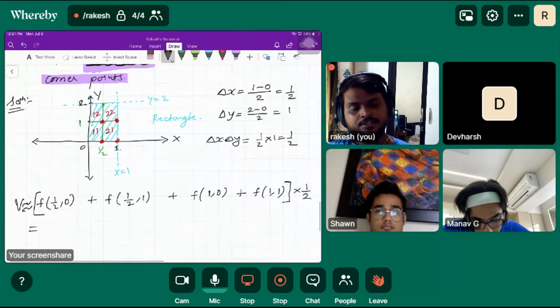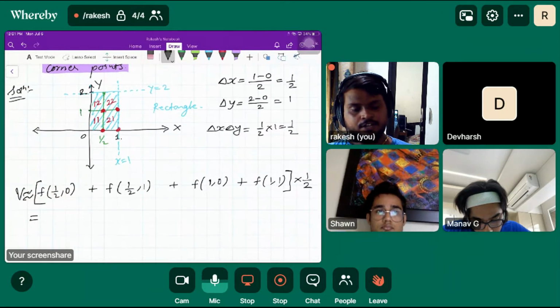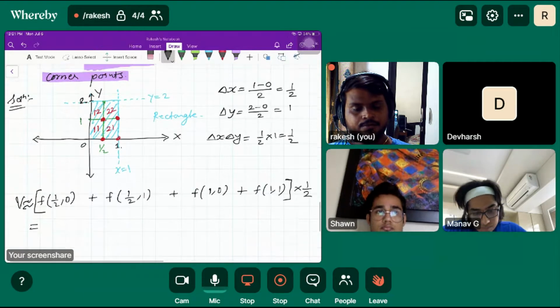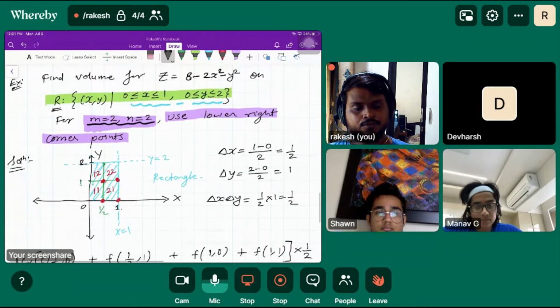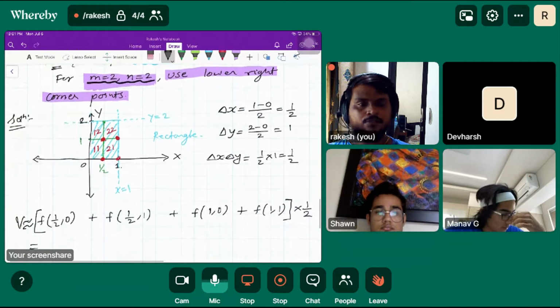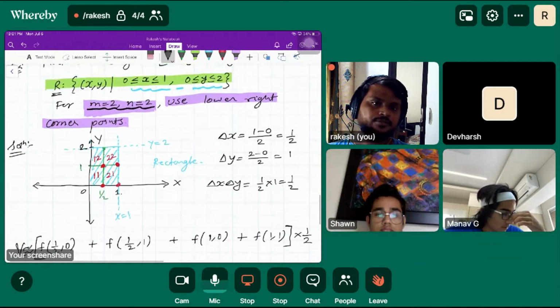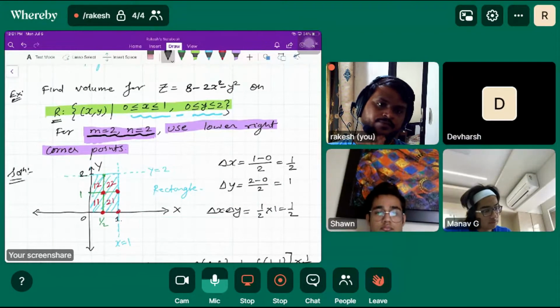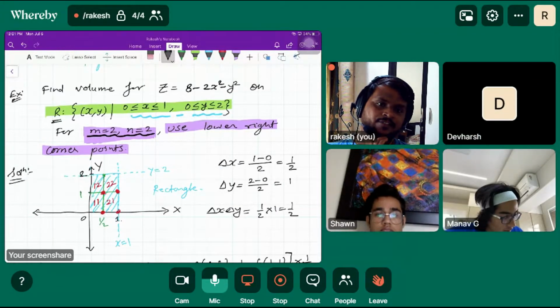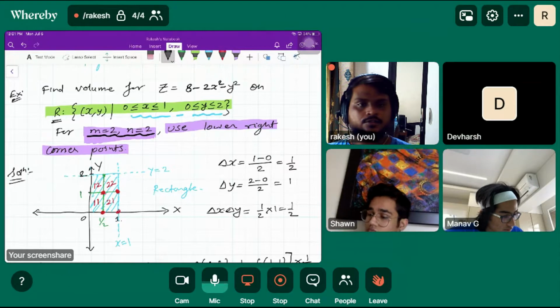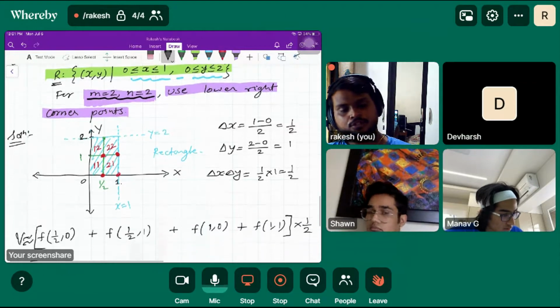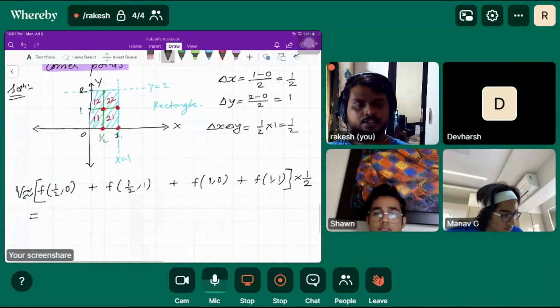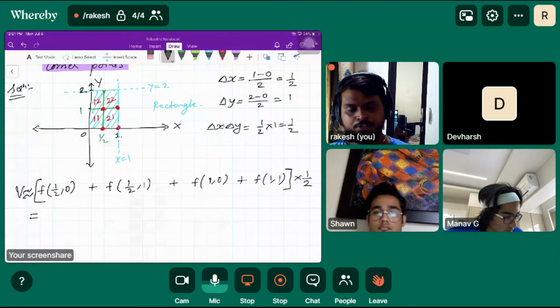So this is equal to, can you find out f of half comma 0? What is f of half comma 0? For that you will have to plug it into the function. The function is 8 minus 2x square minus y square. That will give you the height of the cuboid. When you plug them in the function, it will produce some values like 15 by 2, 11.5, 13.